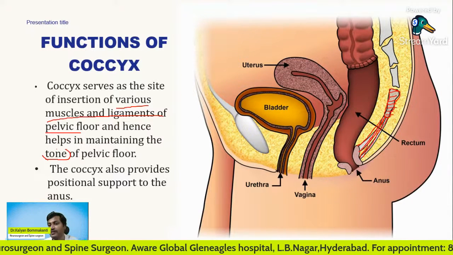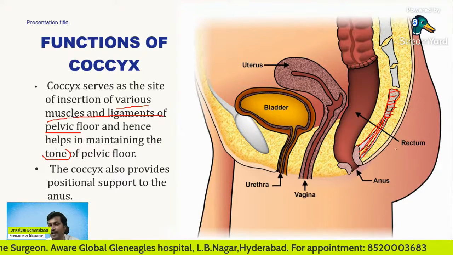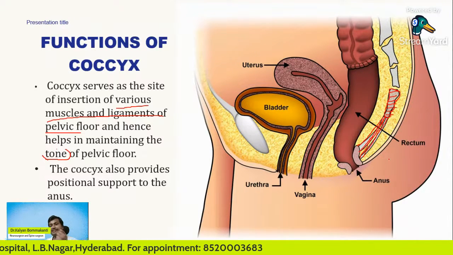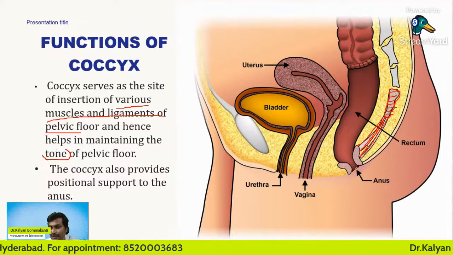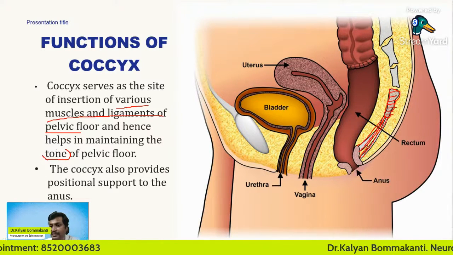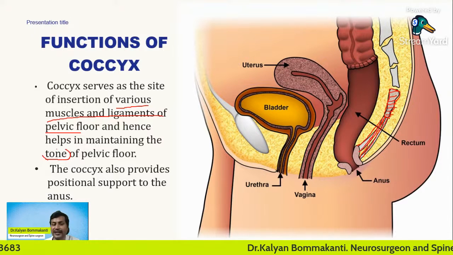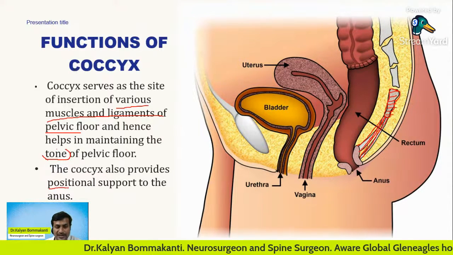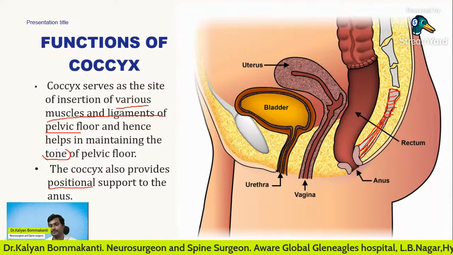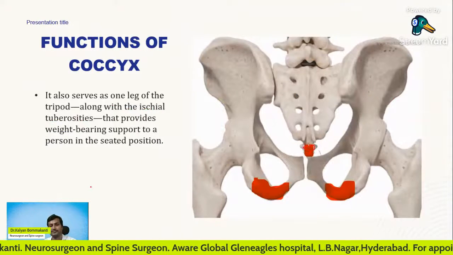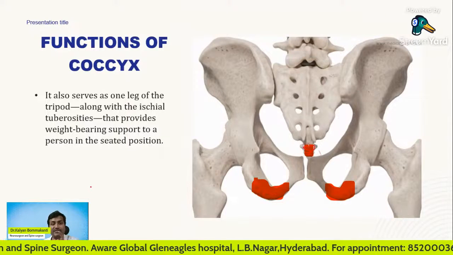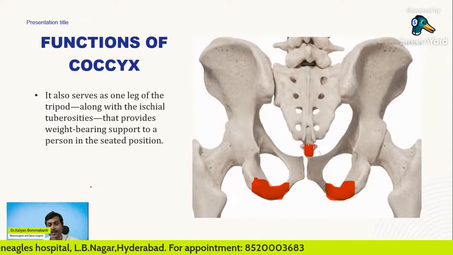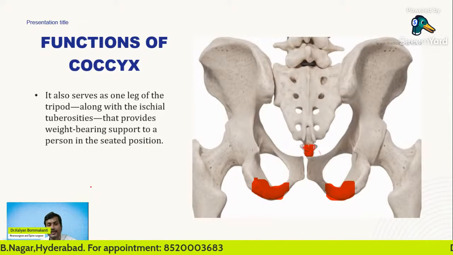Ligaments are something like strings or threads supporting it. So the anus gains its support by means of these strings which are attached to the coccyx. So the coccyx provides positional support to the anus. This is a very important function of the coccyx. You should understand this because it will help you know why coccydynia causes pain.